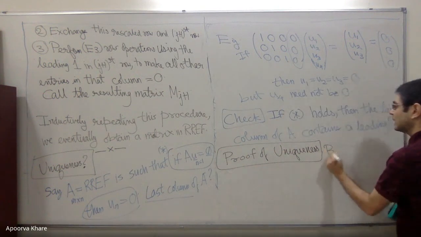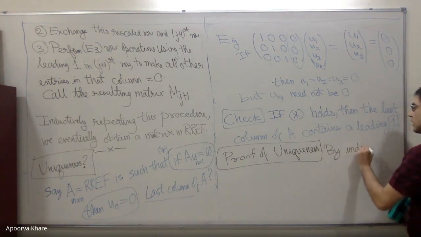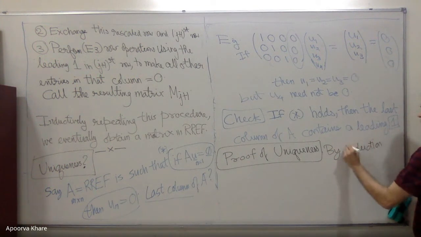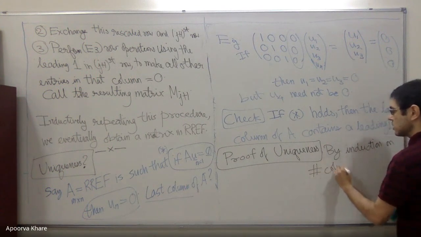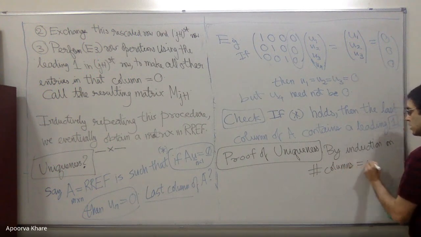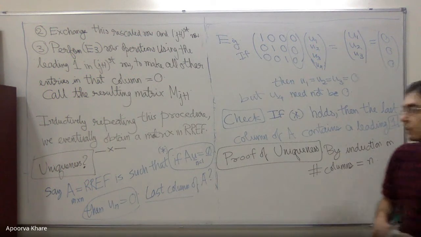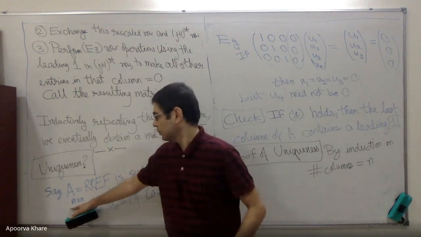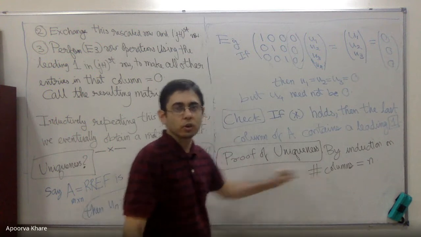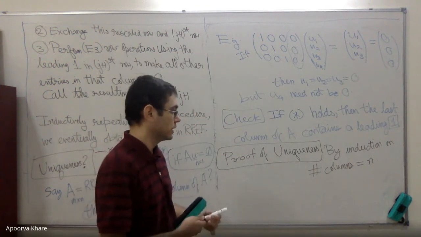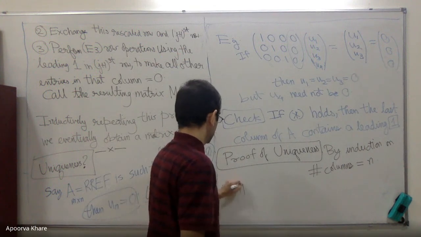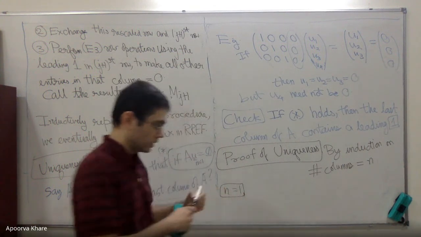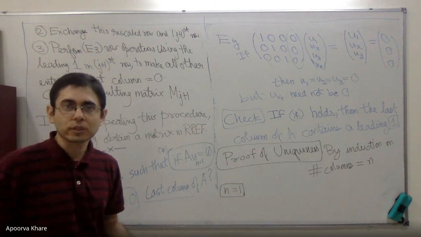This is going to be by induction on the number of columns, which was n. Remember, my matrix was m cross n. It has m rows and n columns. So we are going to prove this by induction on the number of columns. Let's start with n equals 1. What does this mean? It means you have a row reduced echelon form.